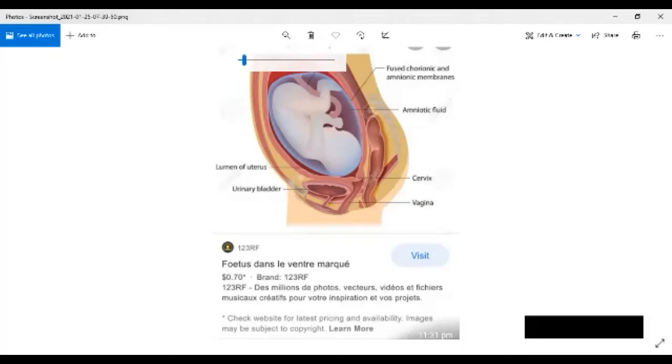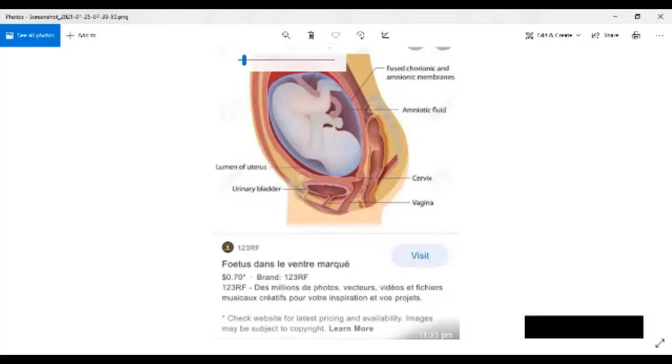So the placenta consists of the tissues of the fetus and the tissues of the uterus. Fetus means the baby before reaching the fully grown condition.